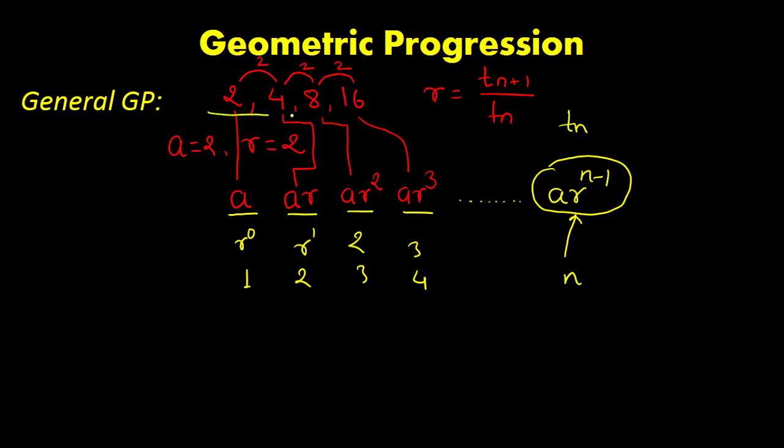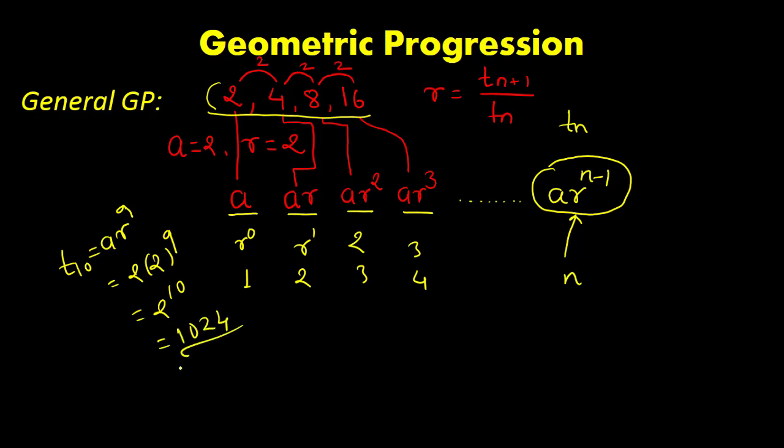If somebody asks you in this GP, can you find out the 10th term? Yes, definitely we can find out the 10th term. So T10 will be A R raised to power 10 minus 1, which is 9. So it will be 2 into 2 raised to power 9, which is 2 raised to 10, which will be 1024. Yes, this is our answer.